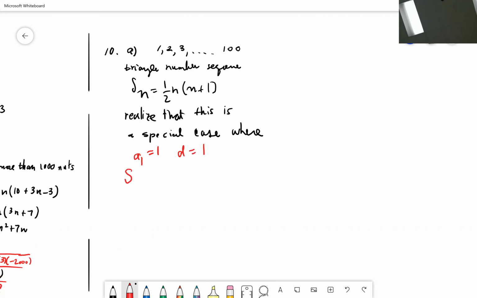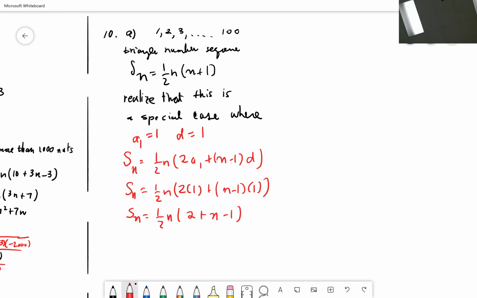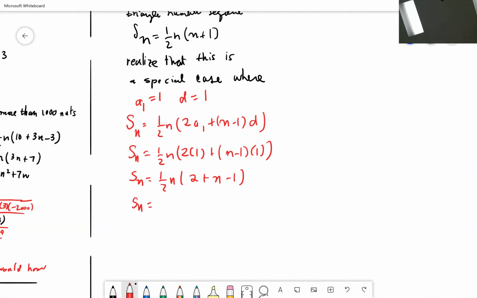So if you just went to this formula here, S of n equals half n times twice a sub 1 plus n minus 1 times d, and you said, well, what's a sub 1 here? a sub 1 here is 1. d is 1. So you write S of n equals half n times twice times 1 plus n minus 1 times 1. And so you have S of n equals half n times 2 plus n minus 1, and S of n equals half n times n plus 1.